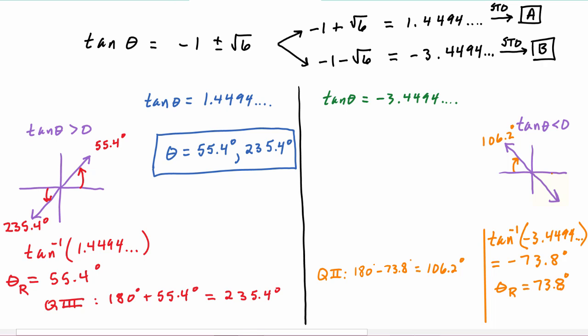To get our quadrant 4 angle, we have to put the reference angle here. And we know that we're going to be taking 360 degrees and subtracting 73.8 degrees. Now entering that into our calculator, we see that we're going to get 286.2 degrees, and we can put that in our picture.